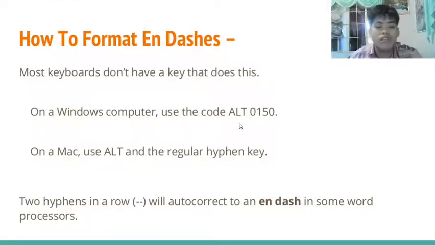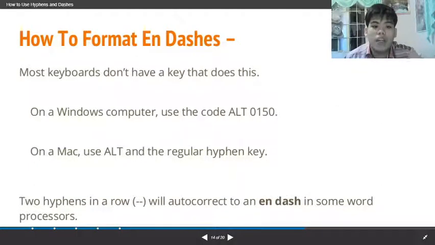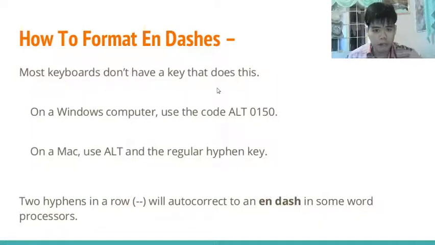Okay, so this is only if you are going to type it on a computer. Most keyboards don't have a key that does this. If you want to write an en dash in your Microsoft Word or PowerPoint, use Alt 0150.